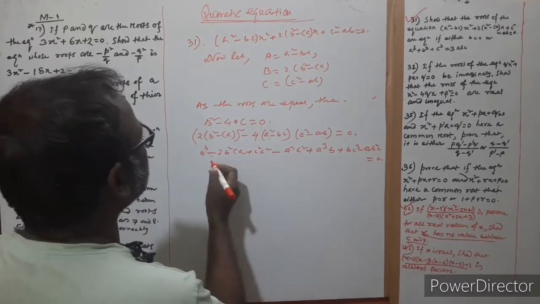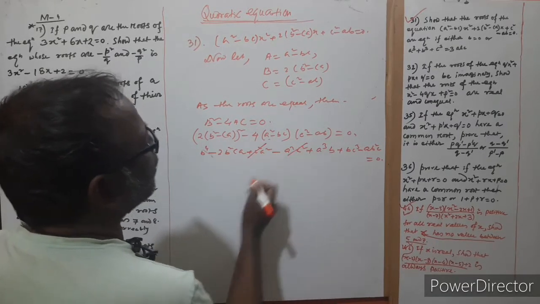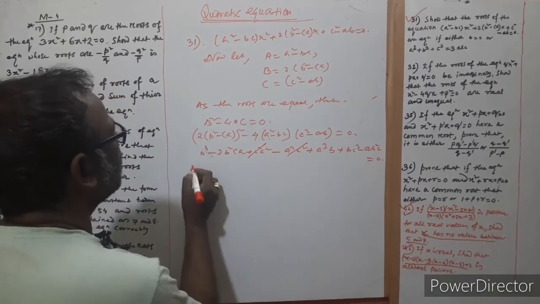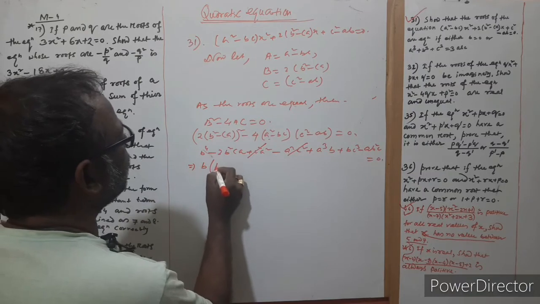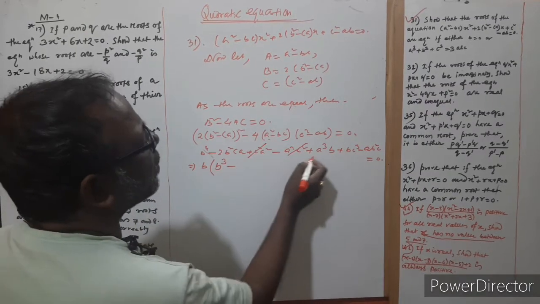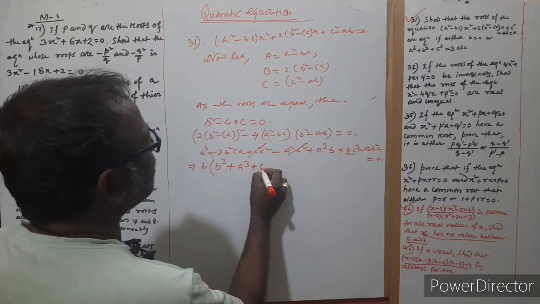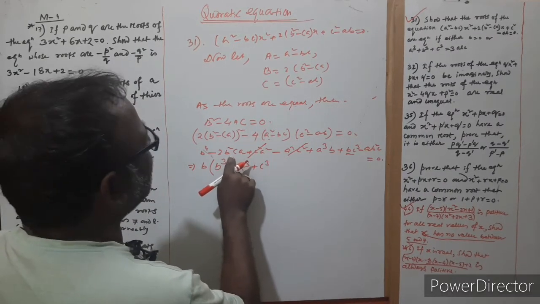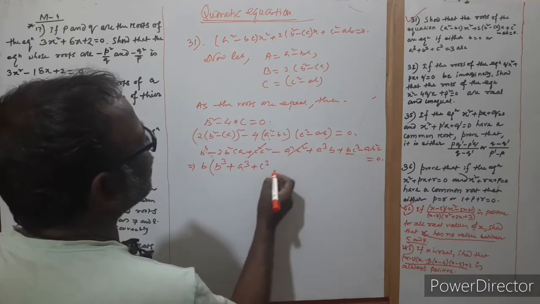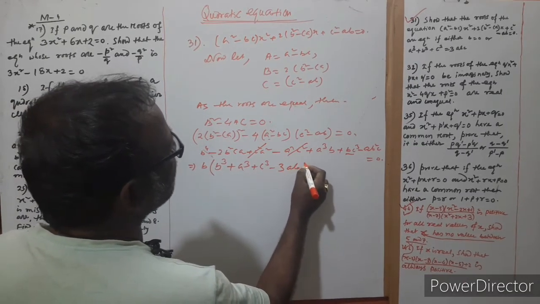Now here these two terms are cancelled and take a common b, so b to the power 1. Write here a cube, and c cube, and the addition of these two terms is thrice abc.